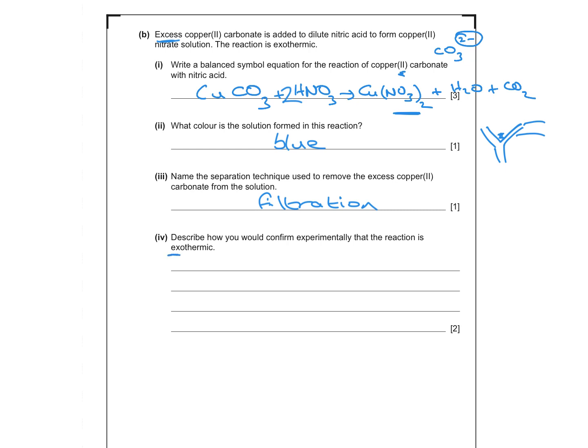Now exothermic means gives out heat. So we've got to use a thermometer to measure the temperature, and to record that the temperature increases, we're going to need to measure the temperature at the start and then at the end, and we'll find that there will be an increase in temperature.